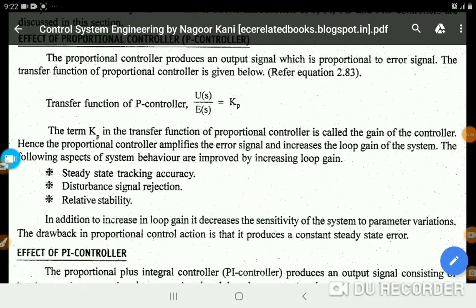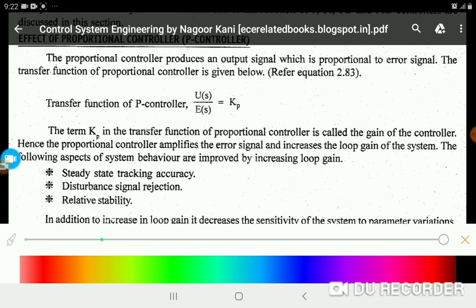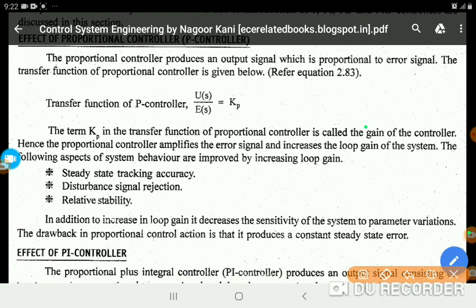Now, the term Kp, which is the function of the proportional controller, is called the gain of the controller that we have seen already. Hence, this proportional controller amplifies the error signal and increases the loop gain of the system. This is the part you have to keep in your mind. Why do we need to introduce a P controller?